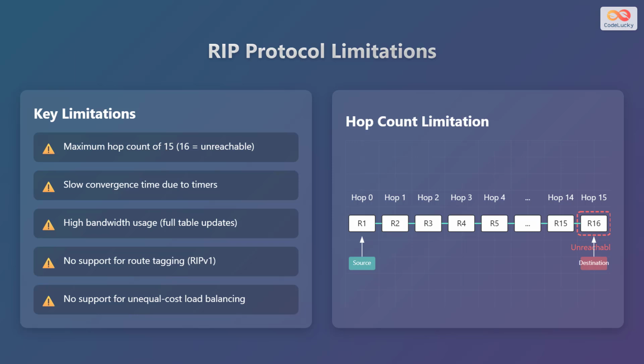Route tagging is the ability to add tags to routes, and this feature is useful for filtering routes. RIP does not support unequal cost load balancing. Because of the hop count limitation, RIP is unsuitable for large networks. Here is an illustration of the hop count limitation. If a route is more than 15 hops away, it is considered unreachable.